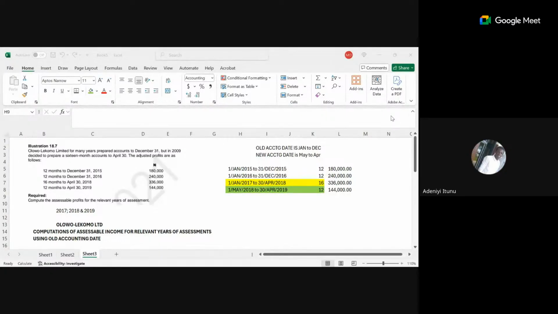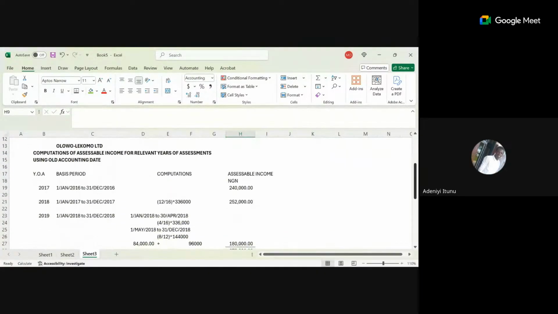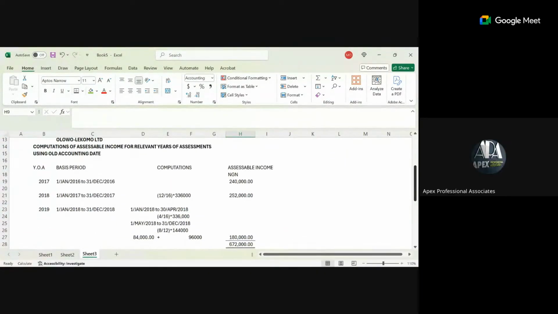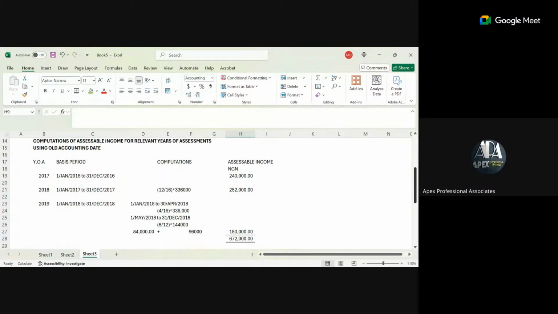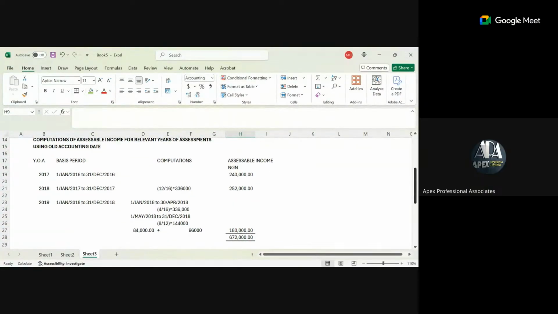Can you just scroll down to the old calculation, the workings of that old basis? This is the old accounting date, 1st of January 2018 to 31st December 2018.